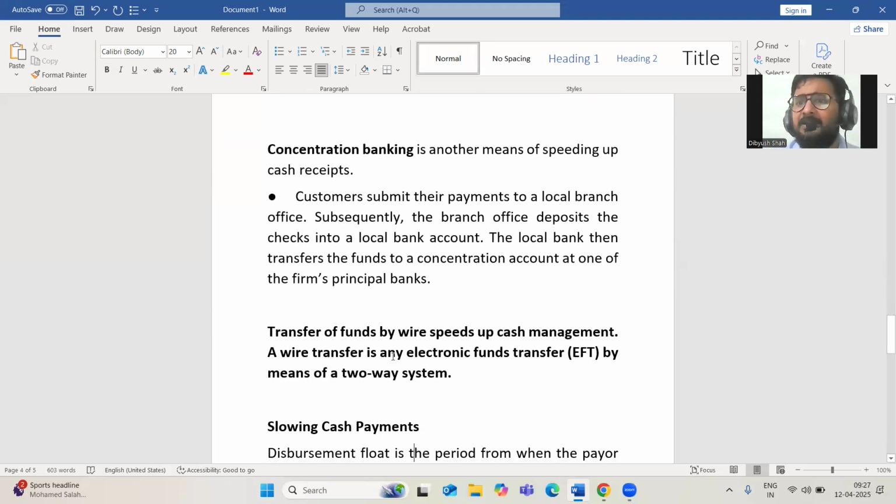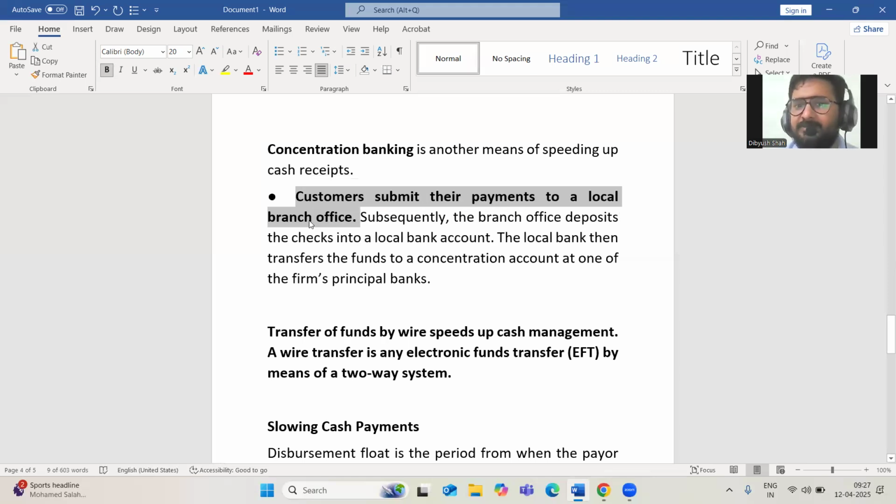Second, another very common way of doing this is concentration banking. Concentration banking means customers will submit their payments to a local branch office. The branch office will then deposit the funds to a local bank account.